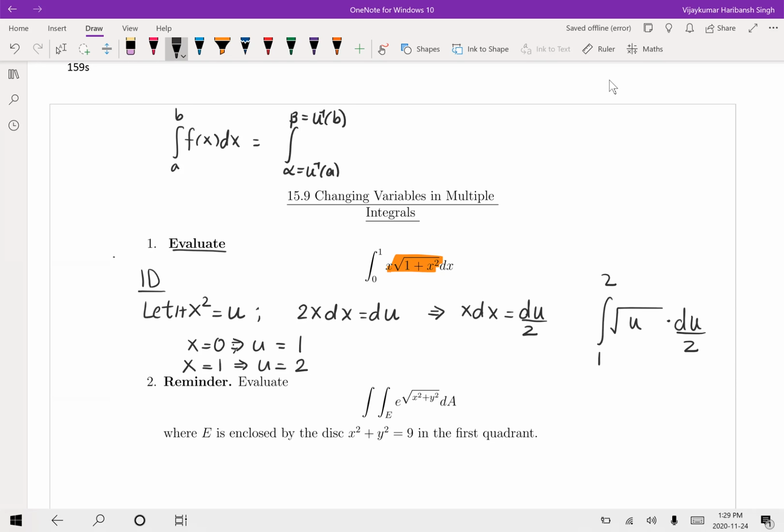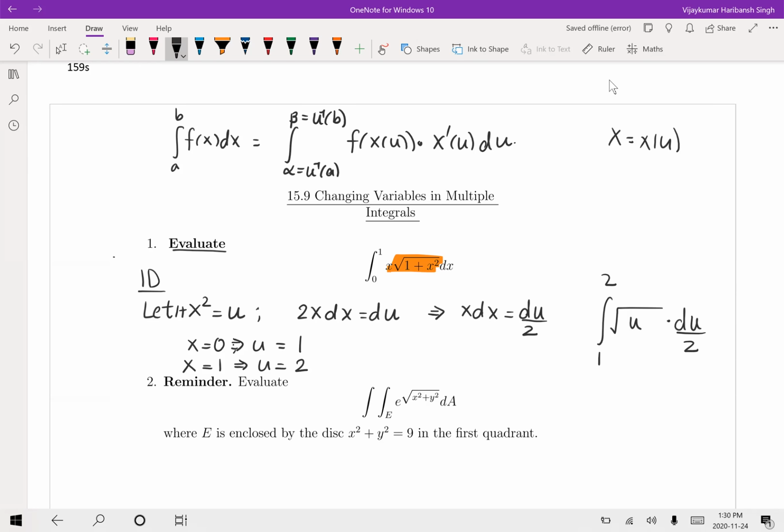Then we have f of x of u, multiplied by x prime of u du. So you are choosing x equals x(u). This is what you're doing for a function of one variable.